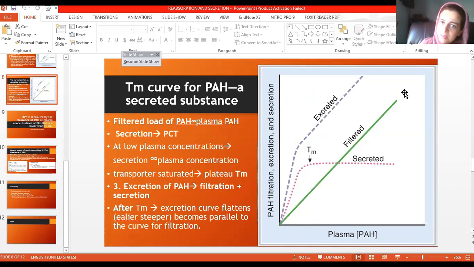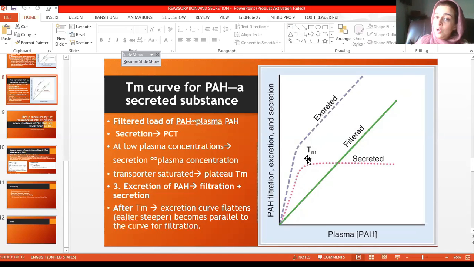As much appears in the plasma, all of that will be filtered. Now again, we see that the secretion is also limited here. There are transporters which are secreting your PAH into the filtrate.